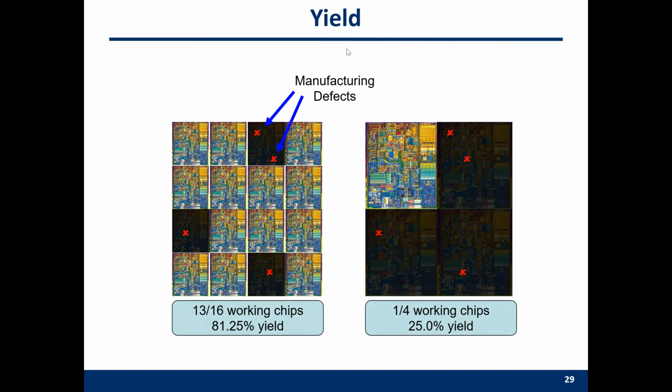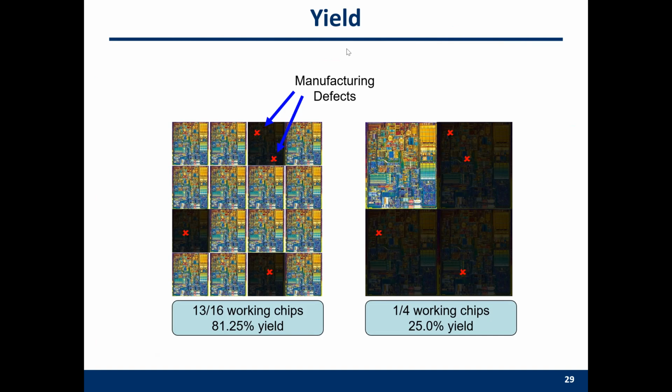So on this one single die, we have 4 defects. Then we have more good chips. If the chip area is large, then we only have 1. Considering the defects, then we have a stronger motivation to make the chip smaller.